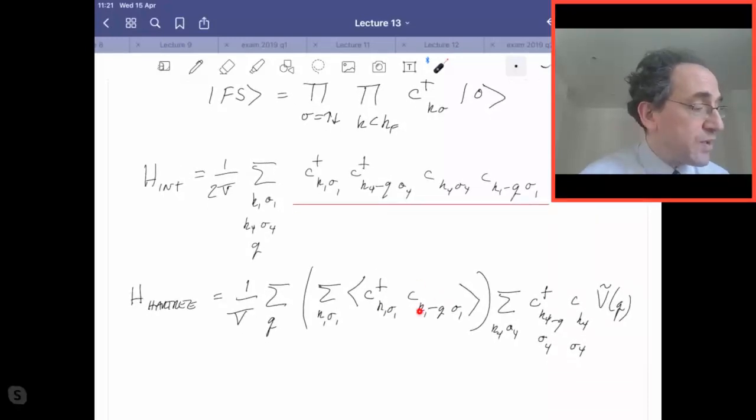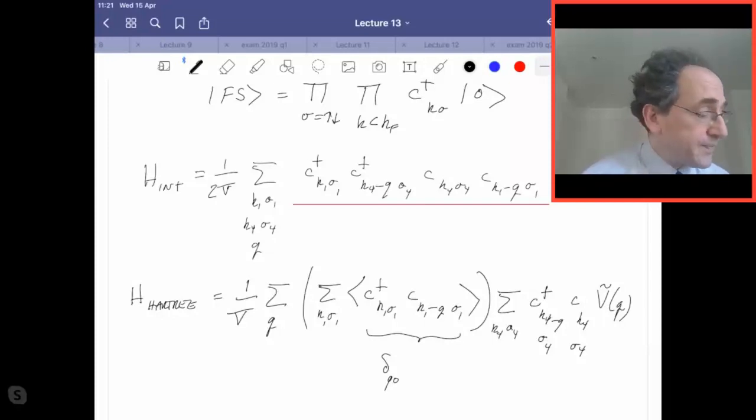If I destroy a fermion from the Fermi sea, in order to get a non-zero expectation, I have to put it back in exactly the same place. So there's no way that this can be non-zero for any Q which is non-zero. So this thing here is a Kronecker delta, with Q being 0.